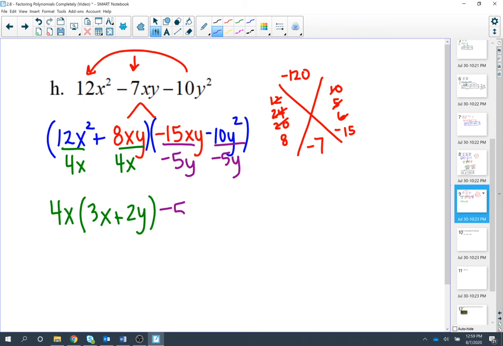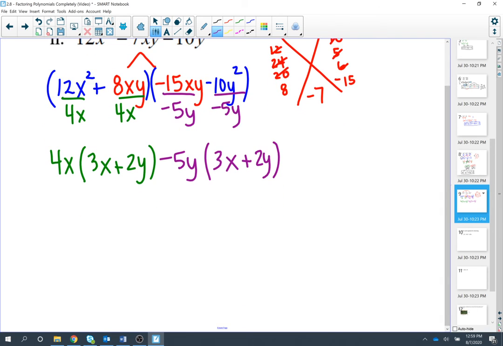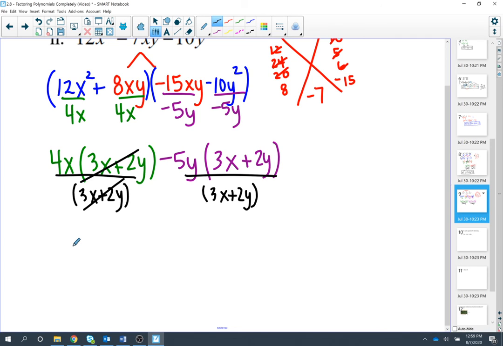So record your negative 5y, which is going to leave us with a positive 3x plus 2y. Take a look at your parentheses. Are they the same? Yes, they are. So we're going to take out a 3x plus 2y. Record your 3x plus 2y. And then left over, we're going to have a 4x minus 5y.